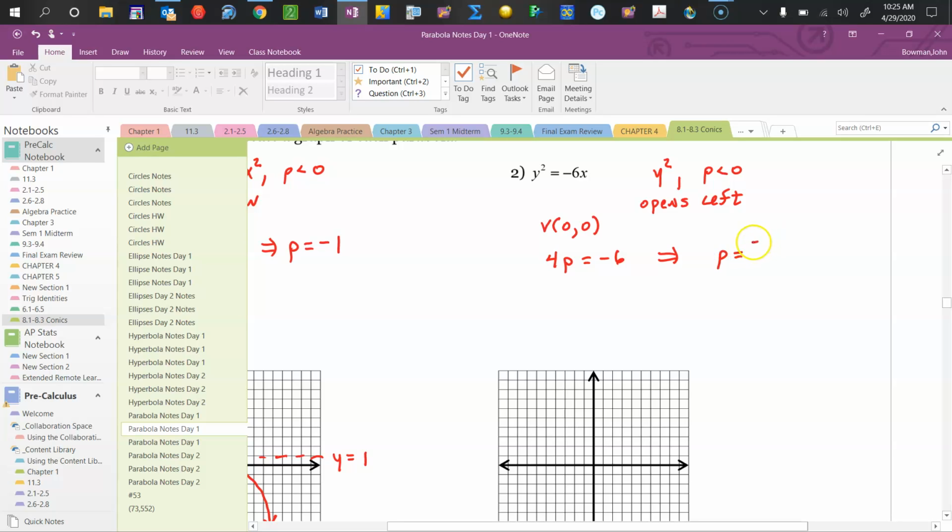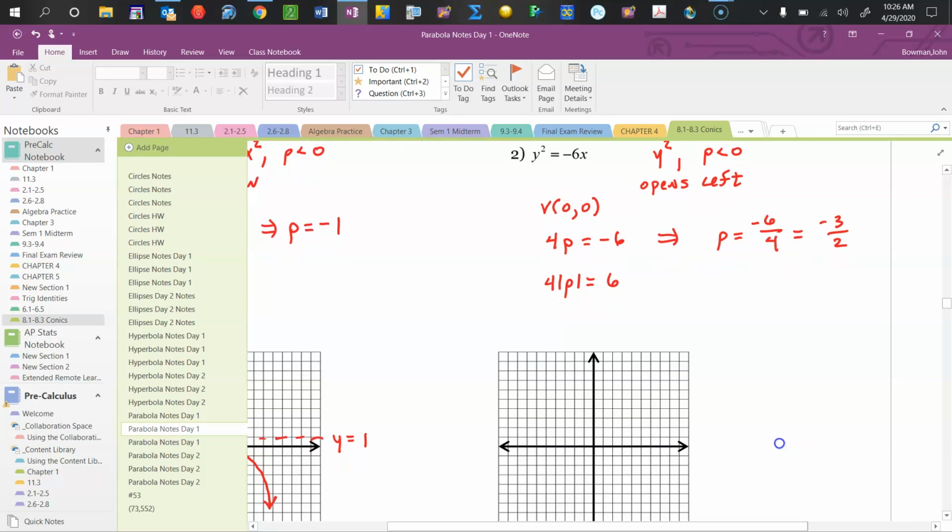So p is equal to -6/4, which simplifies to -3/2. So I know the distance from the focus to the vertex is 3/2, or 1.5. The distance from the vertex to the directrix is 1.5. I also know that 4 times the absolute value of p is equal to 6, so I know the width of the parabola at the focus is 6 units.